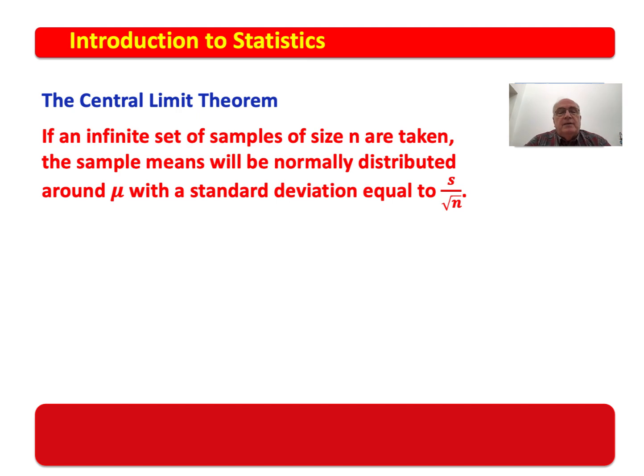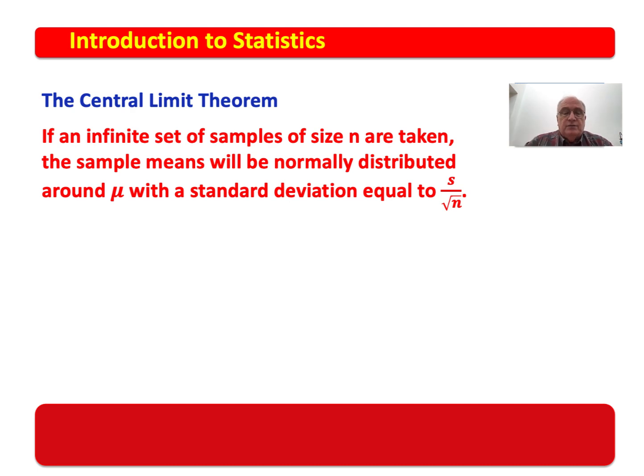Now, here's a very important concept. It says if we take an infinite set of samples of size n, in other words, maybe we want to sample 100 data out of a population. If an infinite number of samples of size n are taken, the sample means of those samples will be normally distributed around mu, with the standard deviation equal to the standard deviation of the sample divided by the square root of the number in the sample.